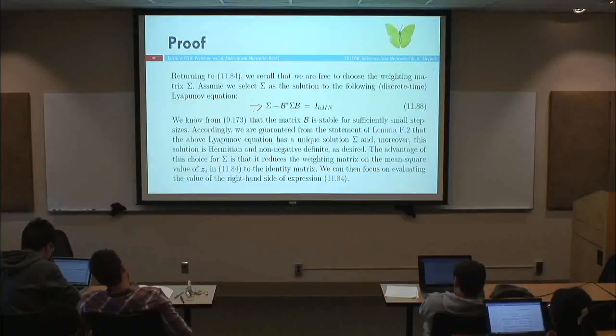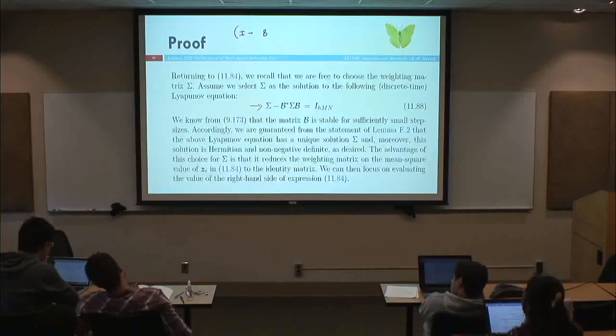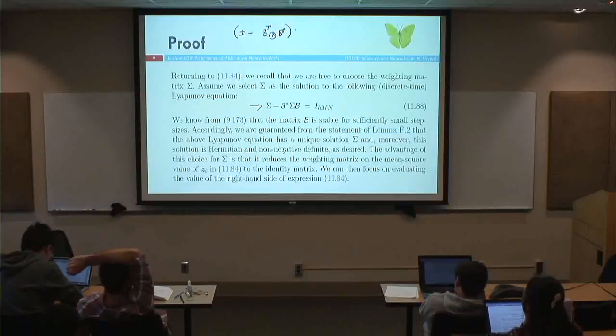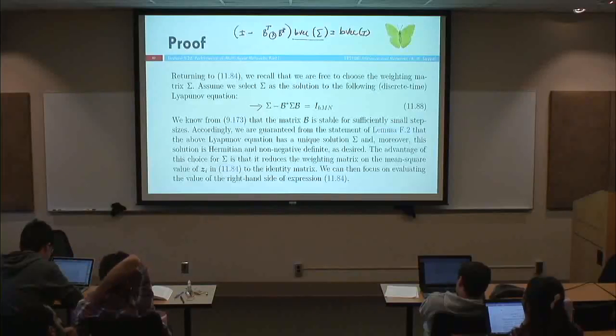If I use the b vec notation here, you already know that I minus B transpose Kronecker B star, b vec of sigma, is b vec of I, correct? So what is the b vec of sigma?